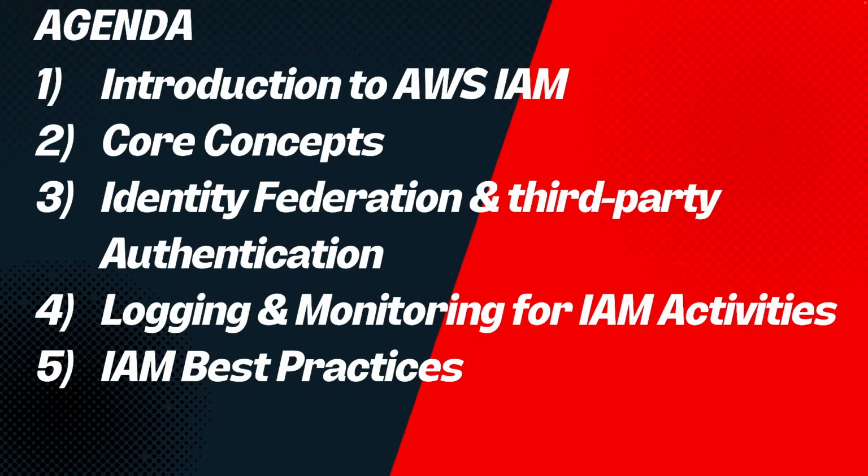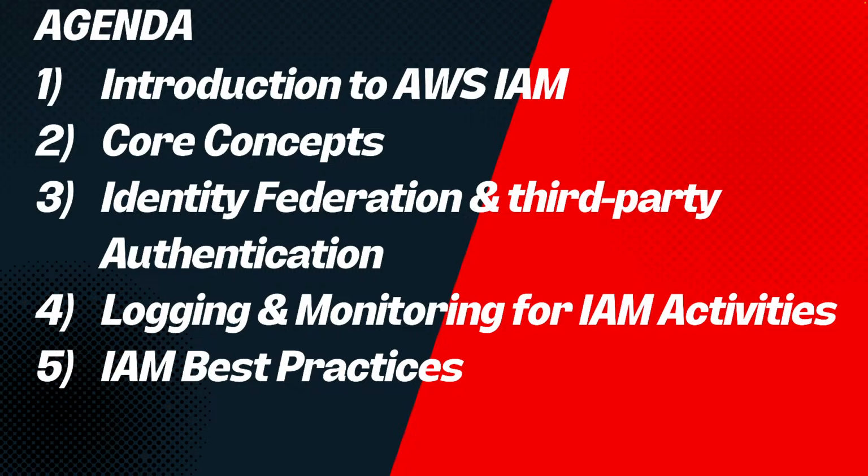Agenda for today, what we are going to cover as part of this open masterclass is I'll introduce you to what AWS Identity and Access Management is. We'll talk about core concepts of IAM, be it users, groups, roles, policies, identity providers, which in most of the trainings that I've been through, a lot of people keep asking about identity provider, what exactly it is and where do you use it.